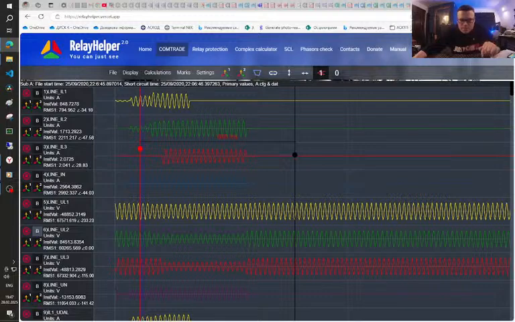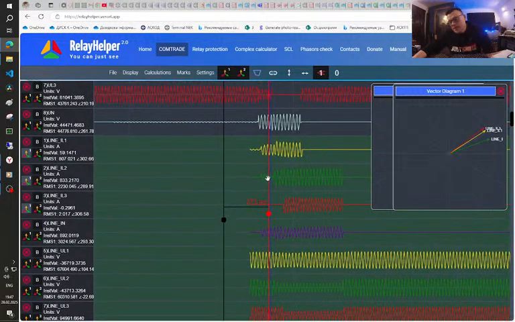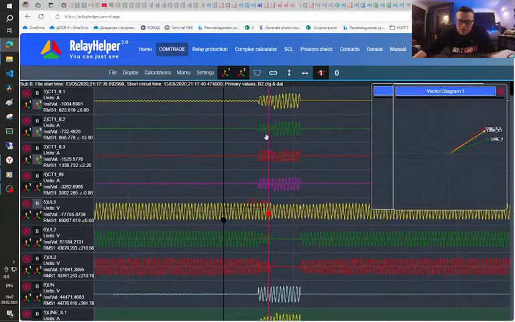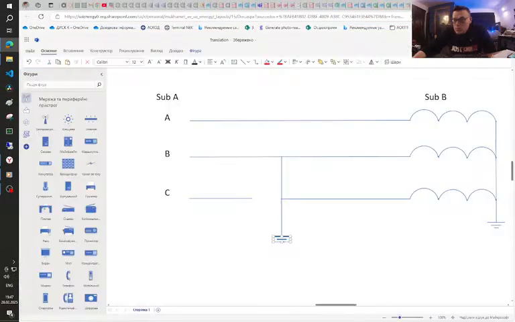From the substation A perspective, we see only a phase B to ground short circuit, but from substation B, we see the increasing current in two phases. And this corresponds to this type of fault.